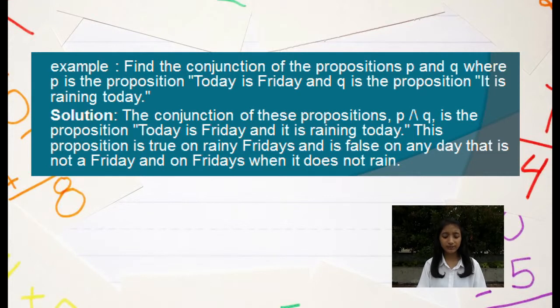Solution: the conjunction of these propositions P and Q is the proposition today is Friday and it is raining today. This proposition is true on rainy Fridays and is false on any day that is not a Friday and on Fridays when it does not rain.